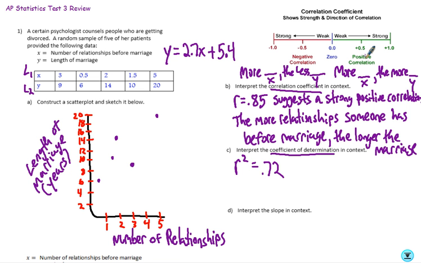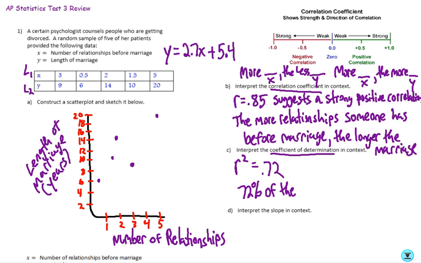So what this says is that 0.72 means 72%, because if we converted that to a percent, 72% of the variability, and by variability we mean that you notice those points don't fall on a perfectly straight line, right?